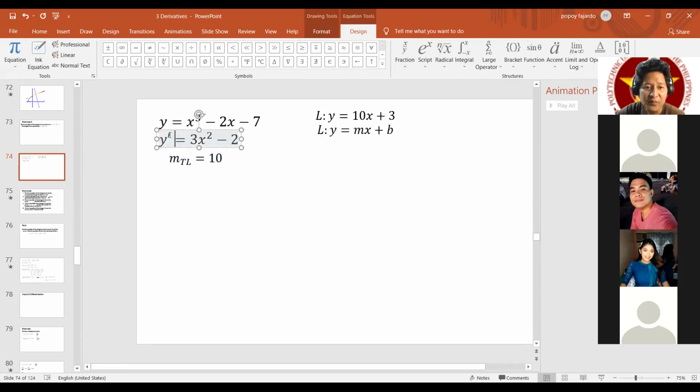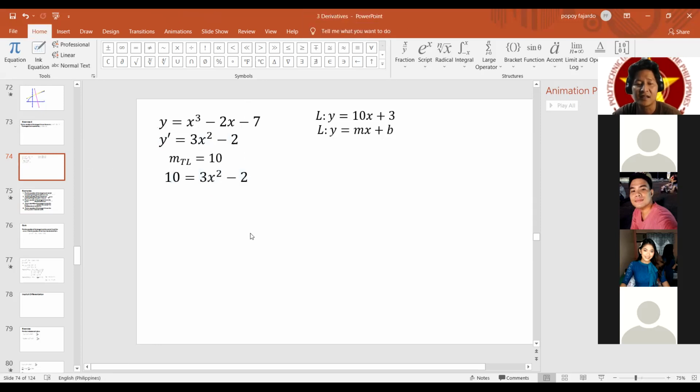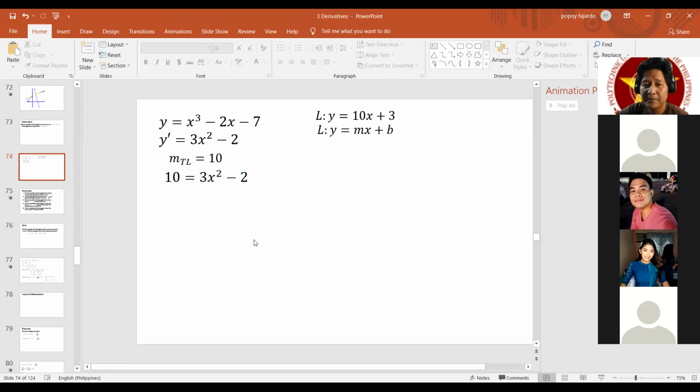Pero meron din tayong slope na y prime equals 3x squared minus 2. Since pareho silang slope ng tangent line, pwede na natin siyang i-equate. So we can now equate that yung ating slope ay equal sa 10. And then we just have to solve for x here.